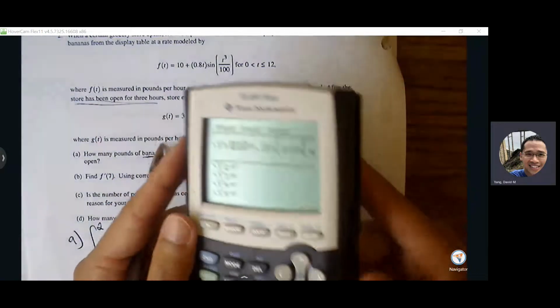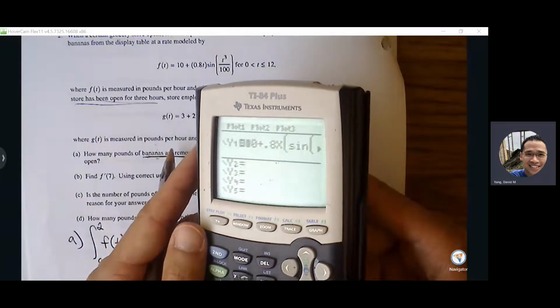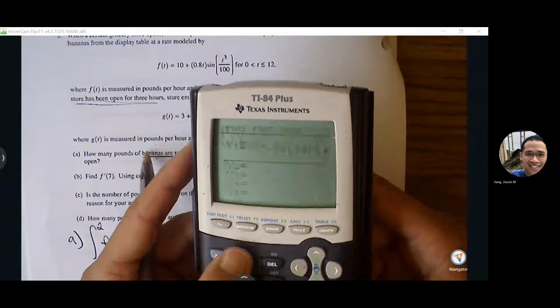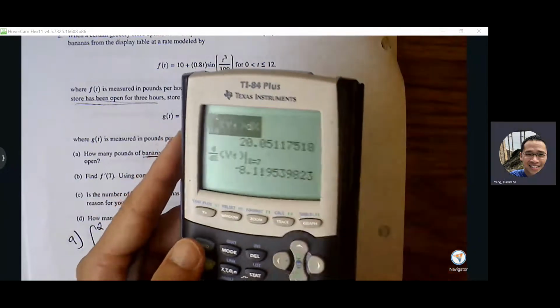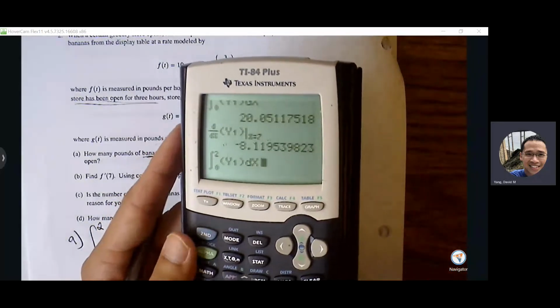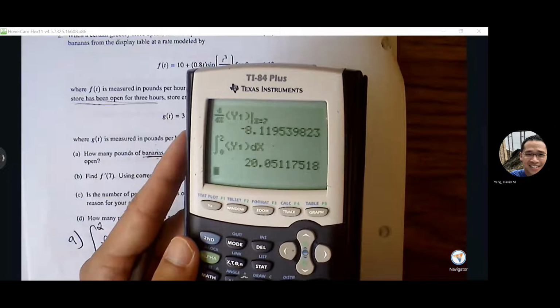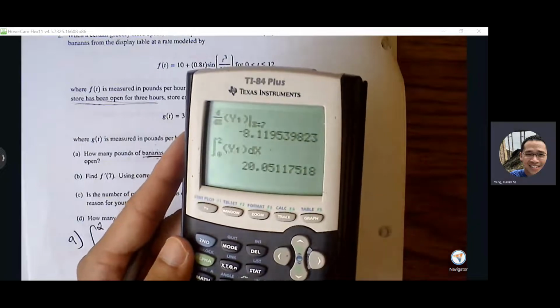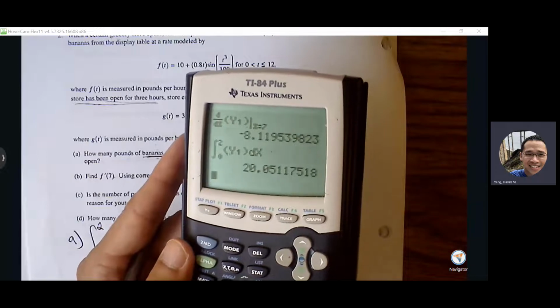I have y1 storing my f of t function. Math 9, definite integral from 0 to 2. y1 is holding my f of t. So 20 pounds of bananas are removed in that 2 hour period.